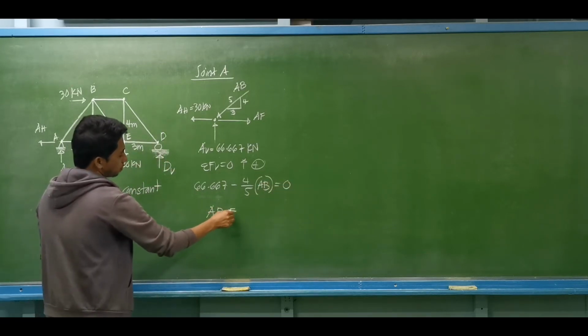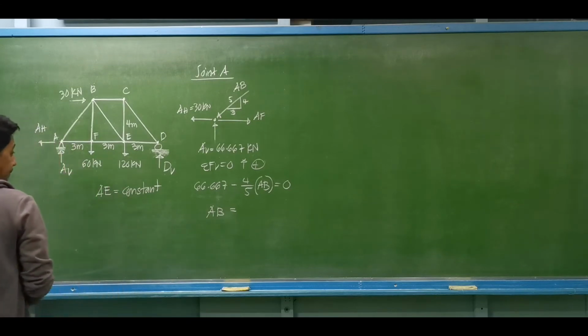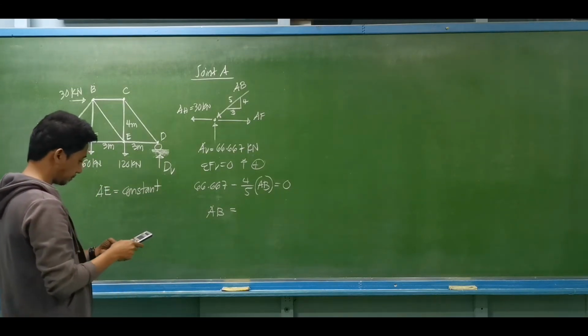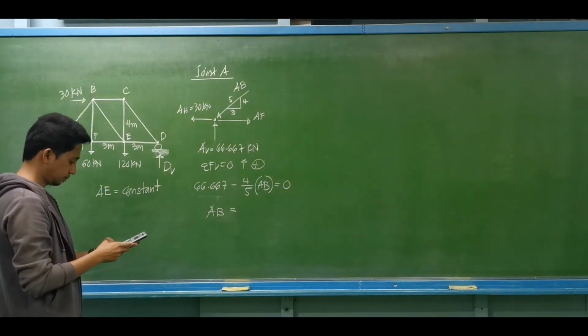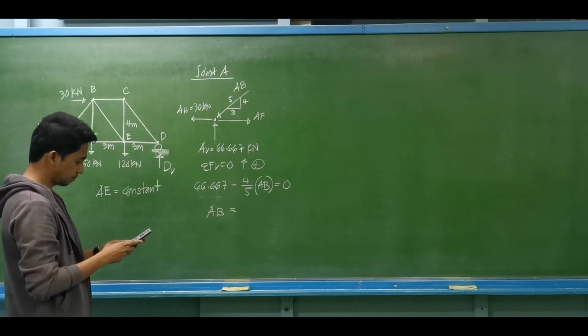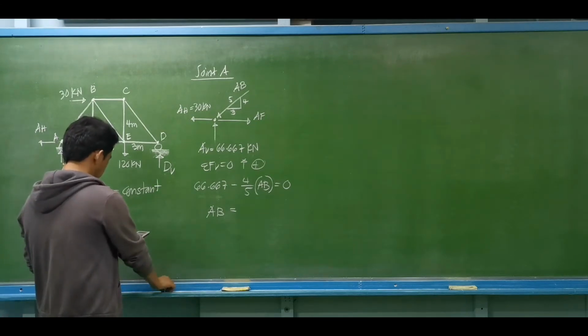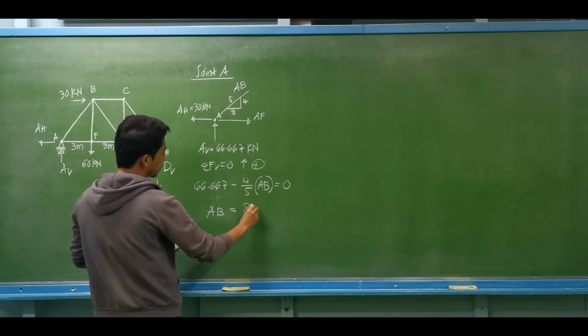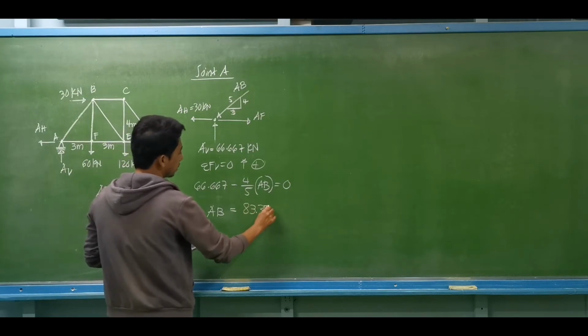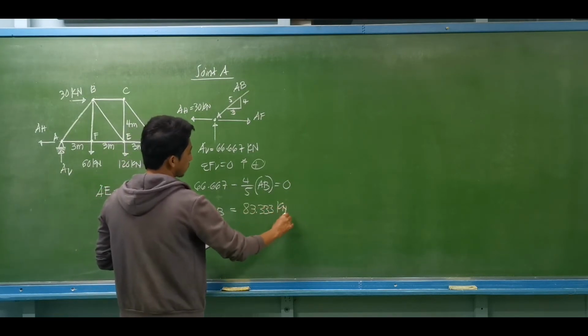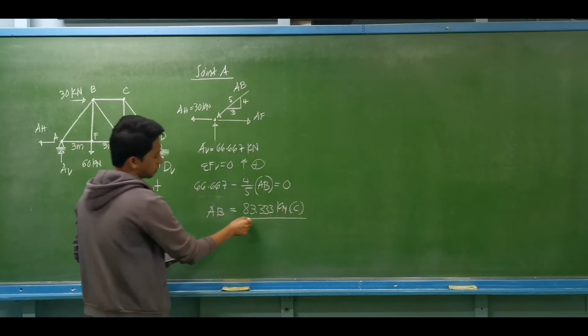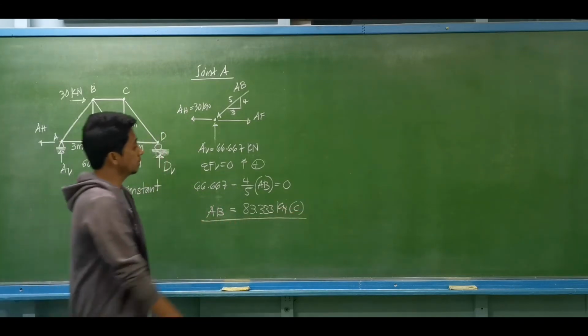So we have the axial force for member AB equal to 83.333 kilonewtons, and this is under compression. Yeah, for member AB.